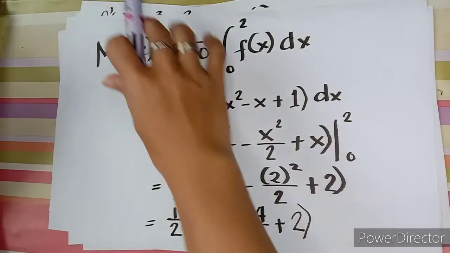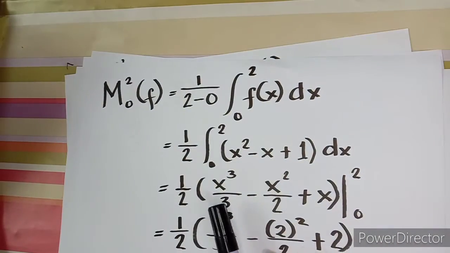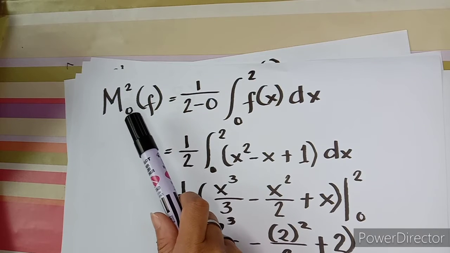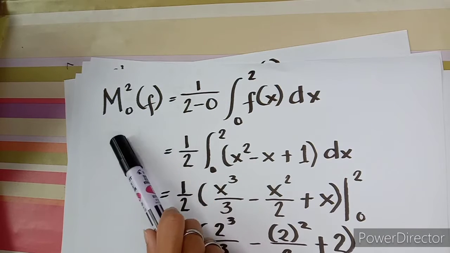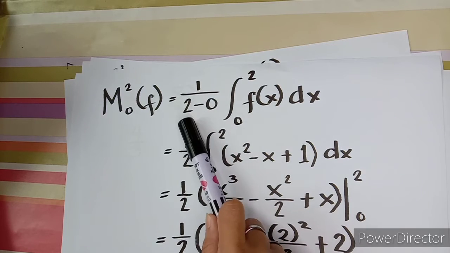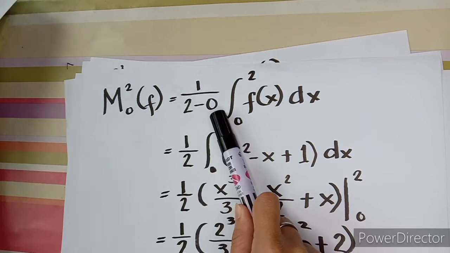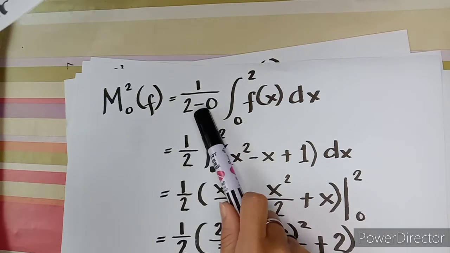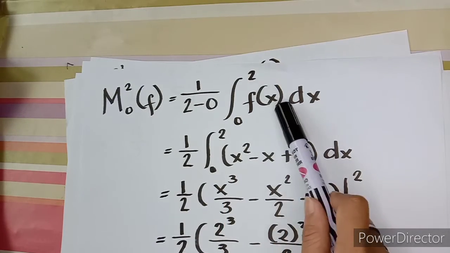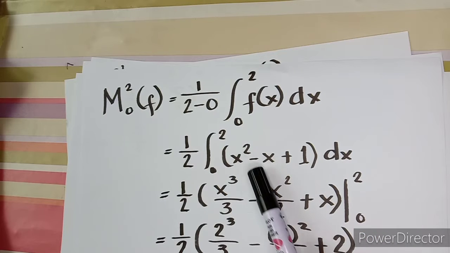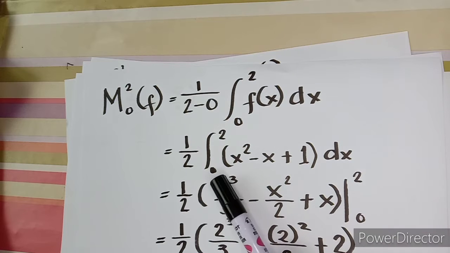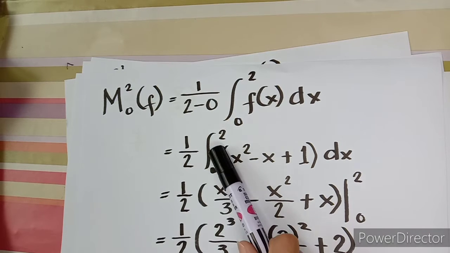So by using the formula for the average value of a function, we have here m of f evaluated from 0 to 2 is equal to 1 over 2 minus 0, which is b minus a, times the integral of f of x, which is x squared minus x plus 1, dx evaluated from its interval 0 to 2.